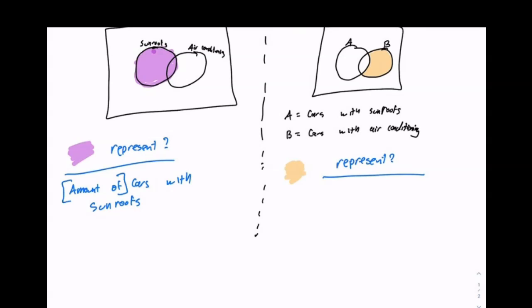So if the entire circle was shaded, that would have been cars with air conditioning. But the entire circle isn't shaded.